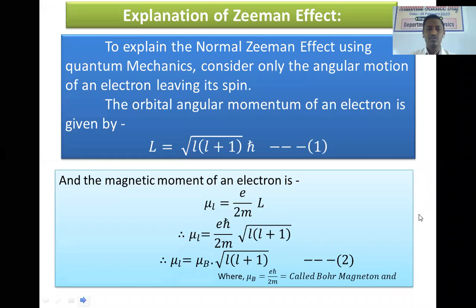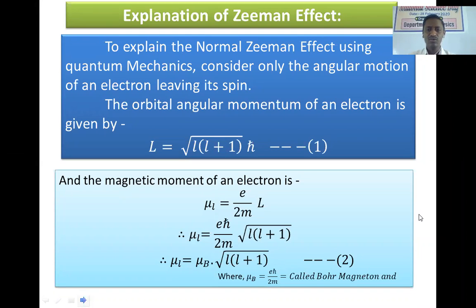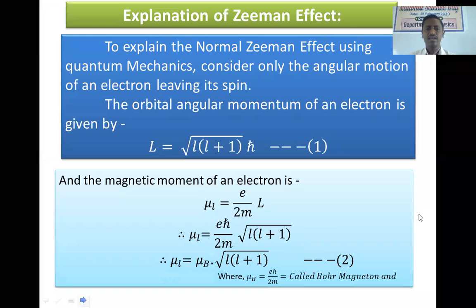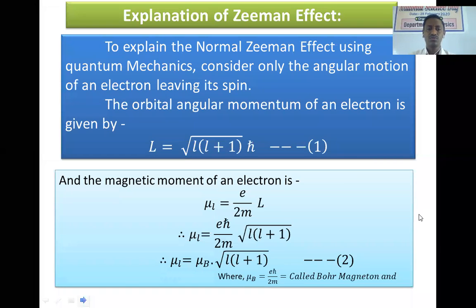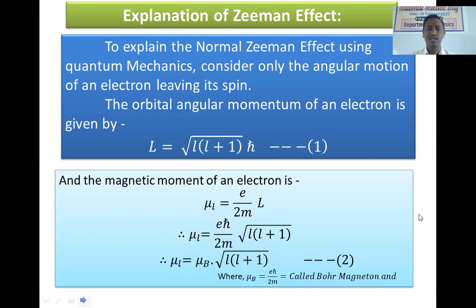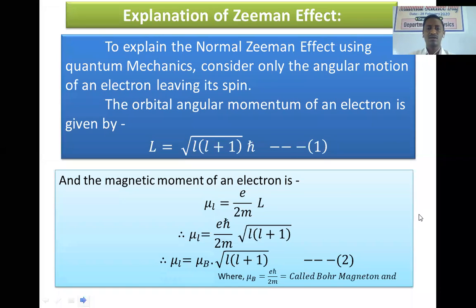As we know, electrons have orbital as well as spin motions, but as far as the normal Zeeman effect is concerned, we need to consider only the orbital motion. Hence the electron has orbital angular momentum given by L equals under root of l(l+1) times h cross. It is the orbital angular momentum possessed by the electron, where small l is the orbital quantum number.